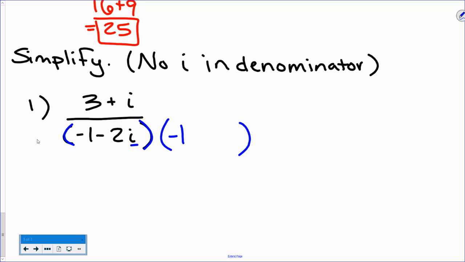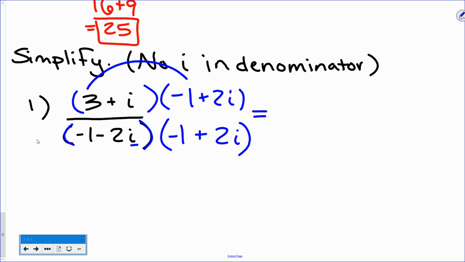So negative 1 stays the same, but I change the sign in between my negative 1 and my 2i. And if I multiply a fraction by something, I must multiply the top by the same thing. Then I'm going to distribute everything across the top and across the bottom. So quite a few steps in this problem.